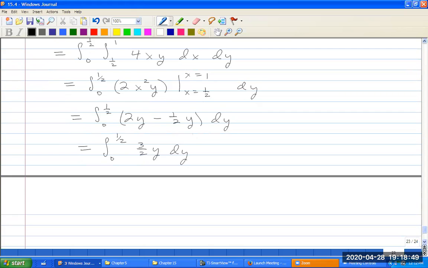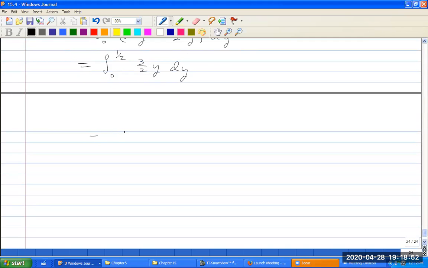Let's integrate that. And so I get 3/4 y squared between 0 and 1/2. One half squared is 1/4, times 3/4 is 3/16, minus 0. And so I get that the probability x is greater than 1/2 and y is less than 1/2 is 3/16.